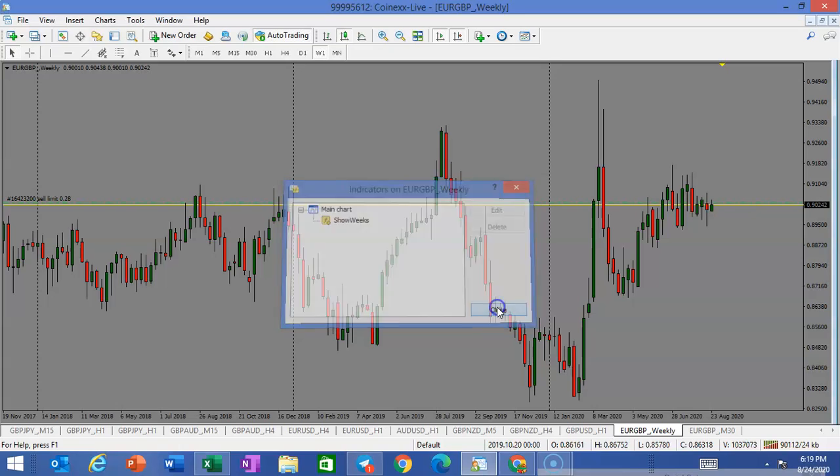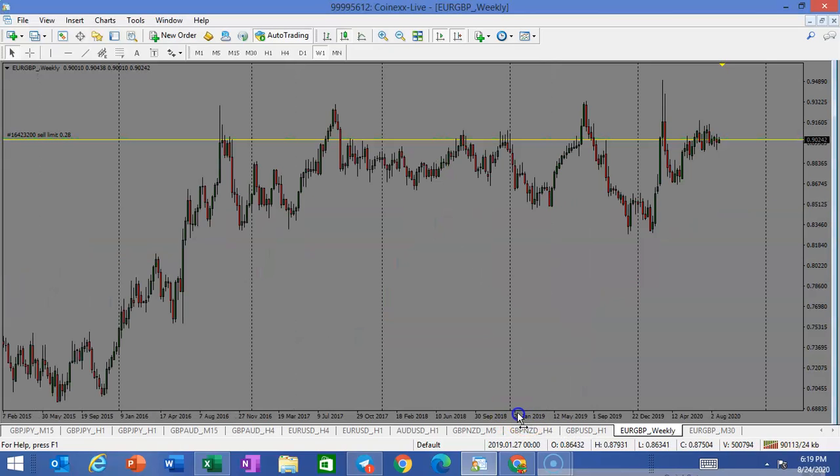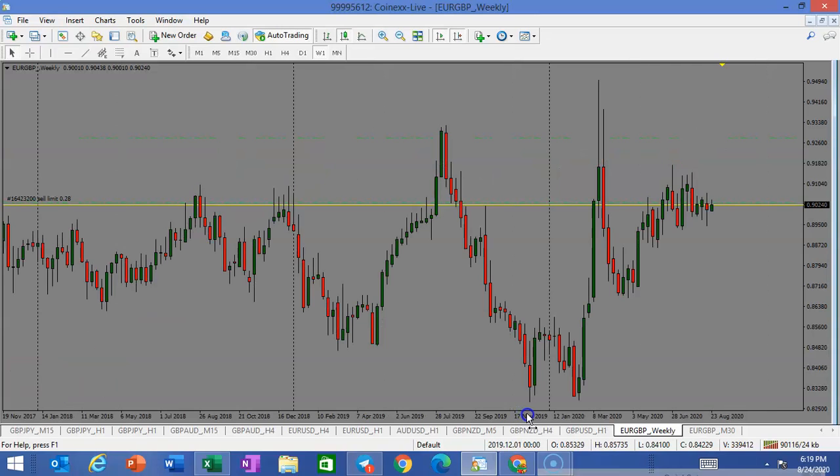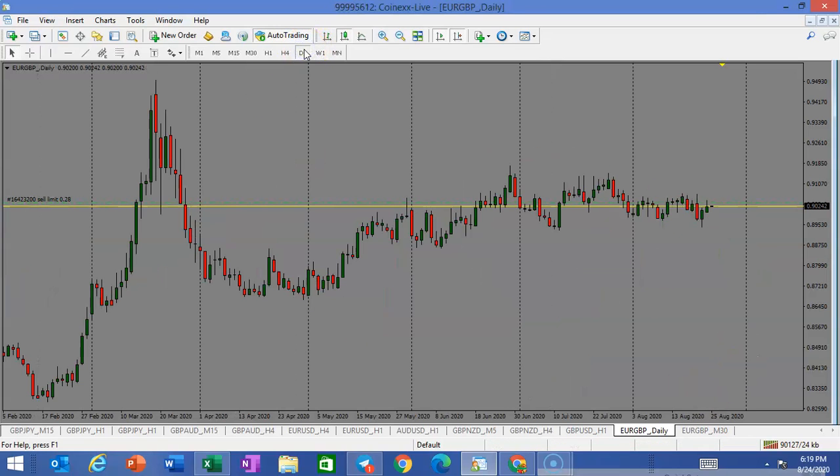Okay. So EUR-GBP is one of those pairs that just continues to consolidate. It goes up, it goes down, it goes up, it goes down. And right now, with this strong wick on the weekly, we can assume that we are headed in a downward trend.